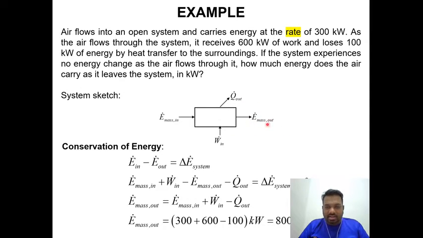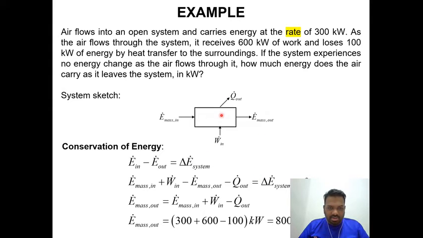Energy is carried by the mass going out. This is considered an open system because it has mass. So, conservation of energy: use the same formula, E in dot minus E out dot equals the change of E dot of the system, or the rate of the system.